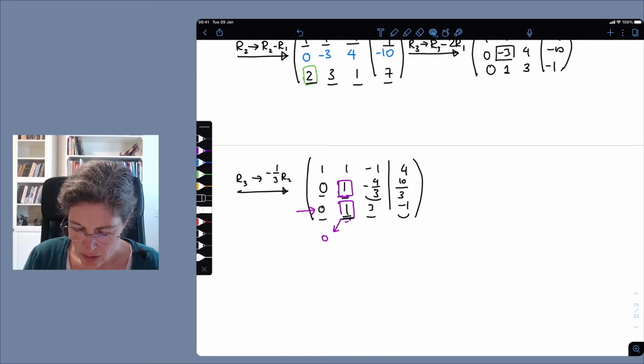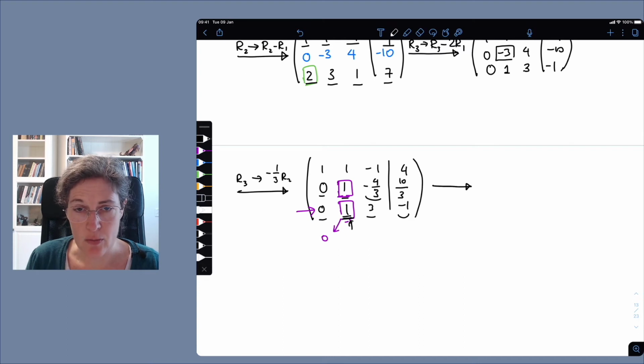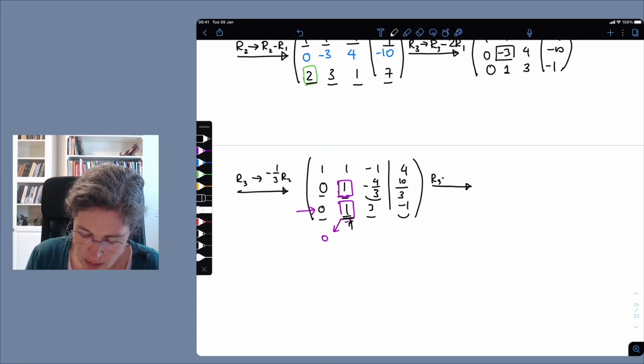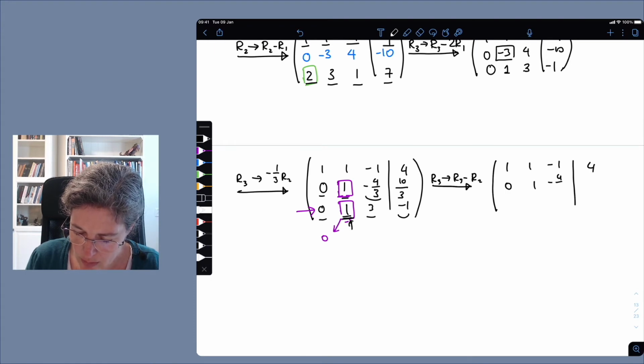All right, so we need to do whatever we can to get this entry to be equal to 0, and it's pretty straightforward. We can just subtract off row 2 from row 3. So row 3 goes to row 3 minus row 2. Not changing anything in row 1, not changing anything in row 2.